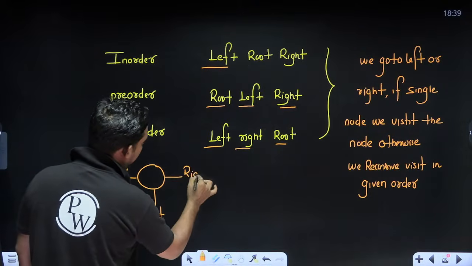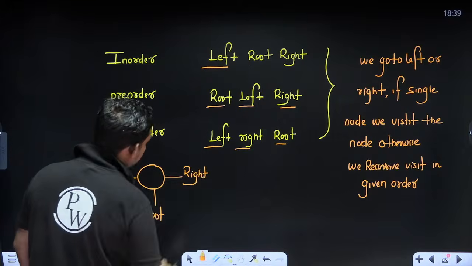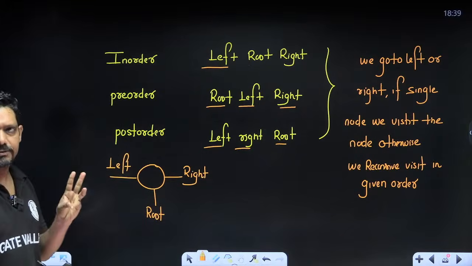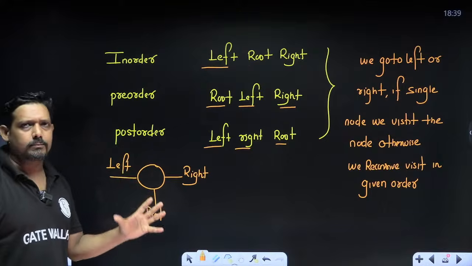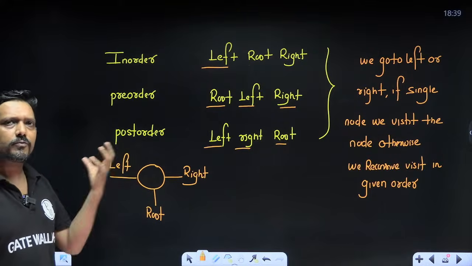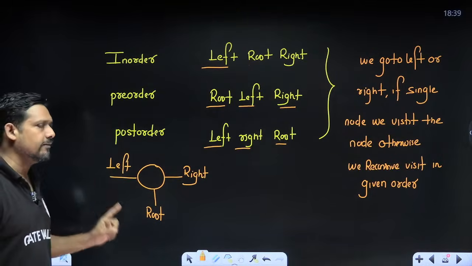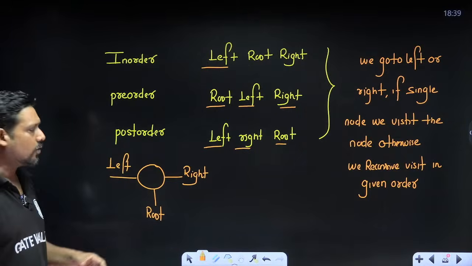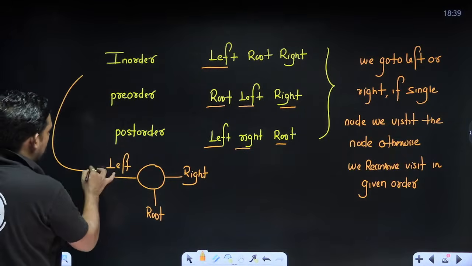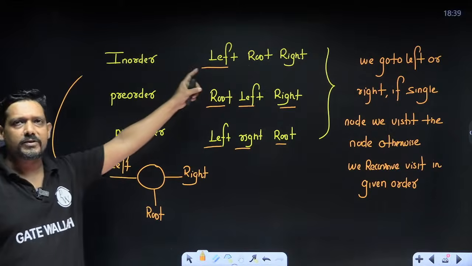Look at the trick here to understand how the traversal works. I'll write three edges here. It is not for your semester examination, this is for wherever you have to find the answer very quickly. So I'll draw three edges, and for in-order, the middle one is the visiting of the node.